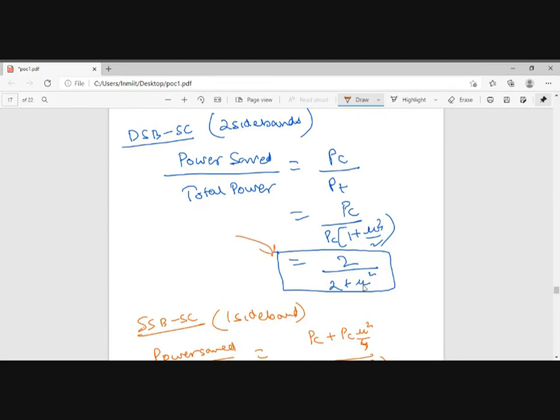Eta is P_sidebands upon P_total. So I can write power saved in DSB-SC equals 1 minus eta.